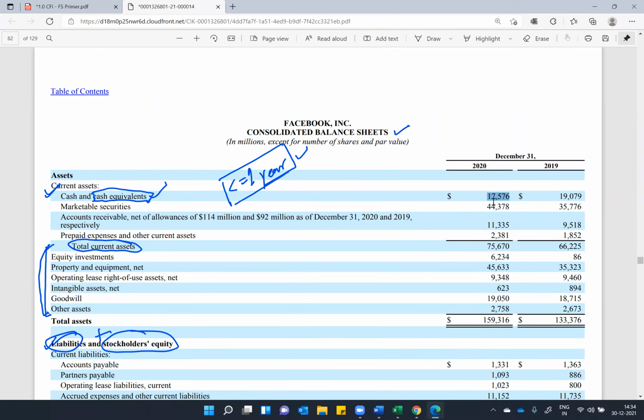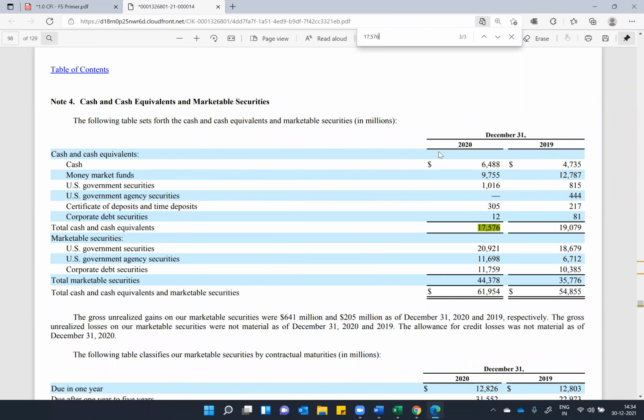So I'll just copy this number 17576. I'll do Control F and go to the breakdown of cash and cash equivalents. Yeah, so these are the cash and cash equivalent breakdown. This is the pure liquid cash that you have.